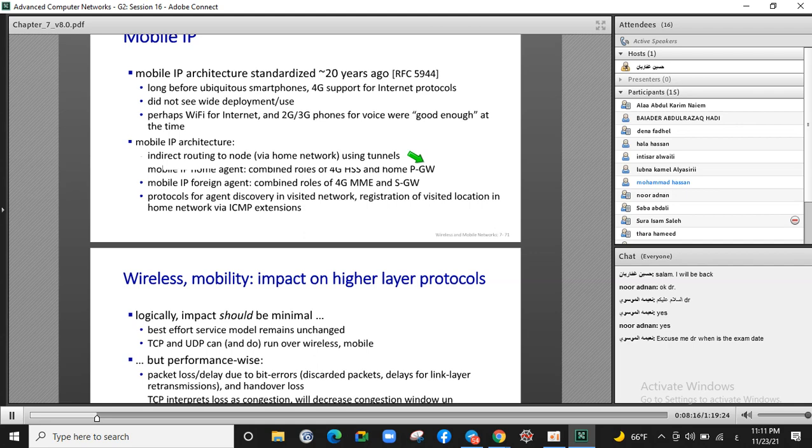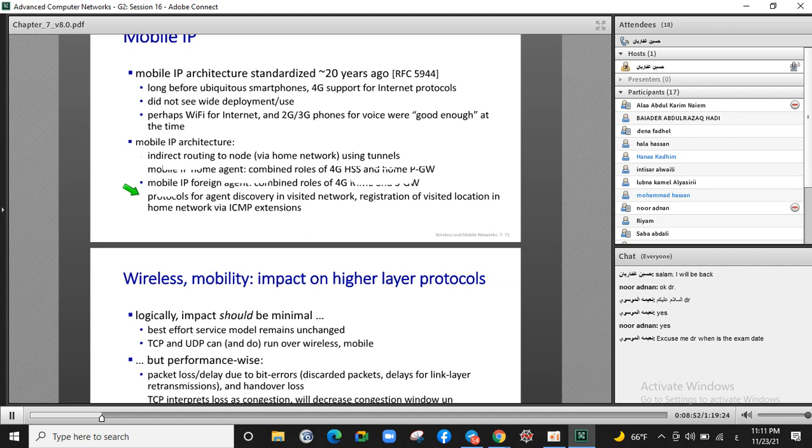When we look at the architecture of the mobile IP protocol, we can see that similar terminologies have been presented in 4G technology. For example, in mobile IP technology, we have a home agent, a router who is responsible for managing mobility in the home network.